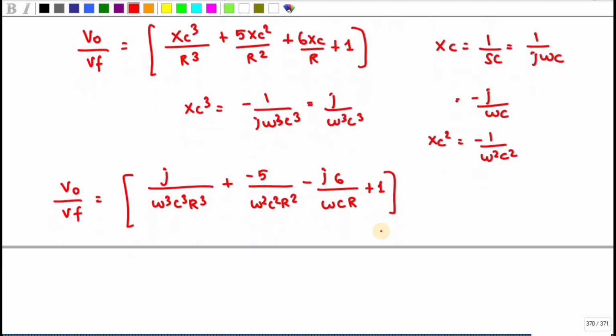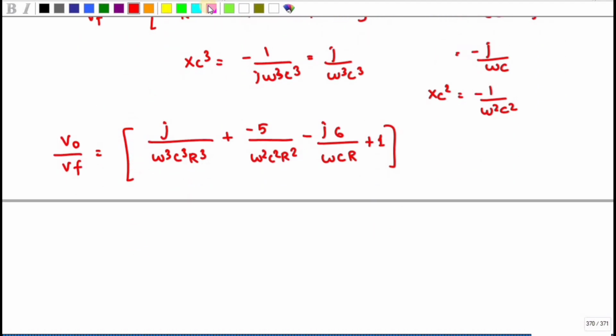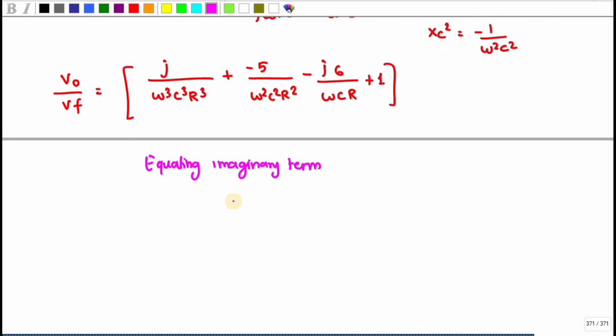Okay. So if you equate the imaginary term, you will get the value of frequency. So equating the imaginary term, the j term.